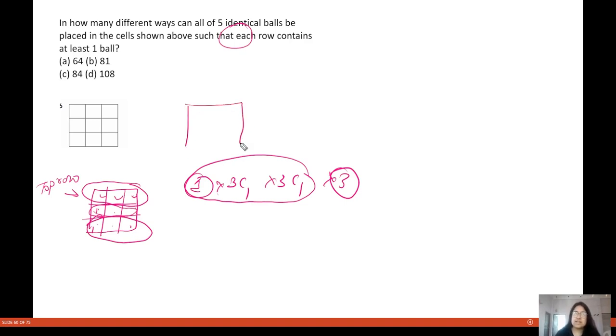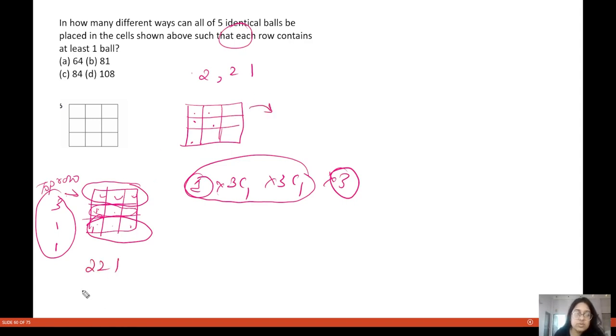Now let us consider the second case. We took 3 1 1. Now there are five balls, so we can take 2 2 1. Let us think that we are placing two balls here and one ball here. When we are taking the arrangement 2 2 1, in how many ways can we do it?